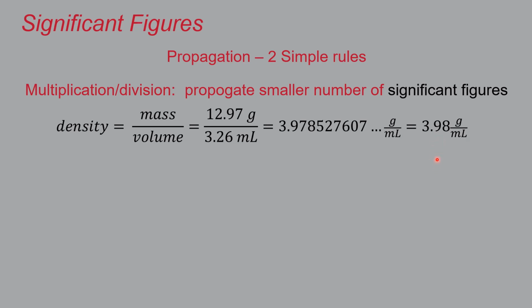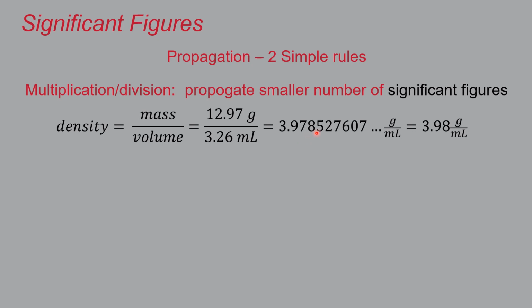Now, a common question is, do you round up, or what do you do with that last digit right here? It should be rounded up if necessary, or left as it is. So look at the third sig fig. In this case, it's a 7, but the one next to it is 8.